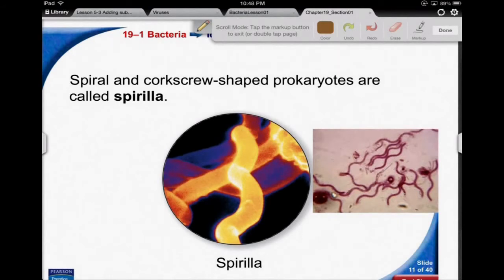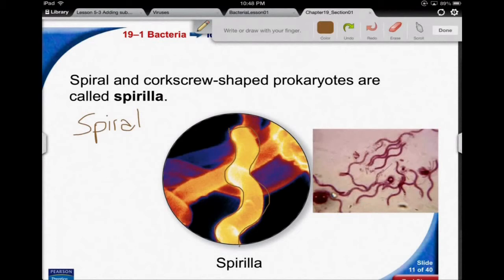Now, its name more or less gives it away here that this is spiral shaped. And there's that spiral pattern. As soon as it does that, we have yet another generic shape to refer to. So we've got rods and spheres and spirals.